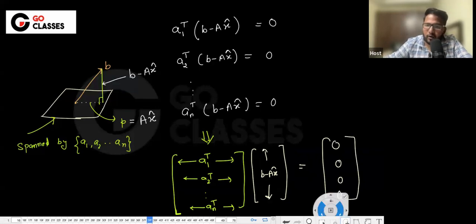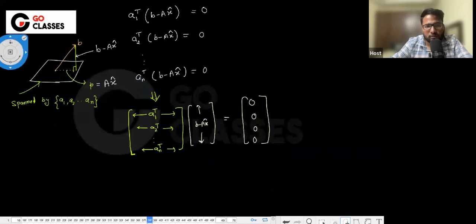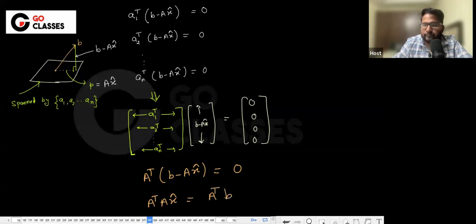Once you write it in the compact form, you can argue that this is nothing but A transpose into b minus A x cap, which must be a zero vector. From here, A transpose A x cap is equal to A transpose b.